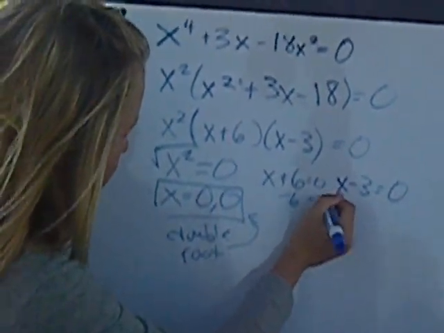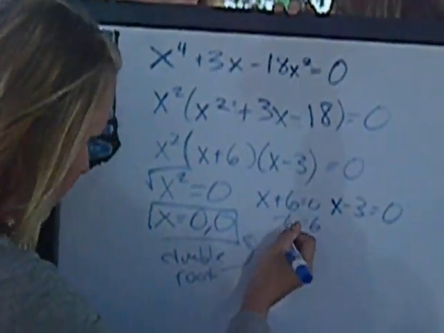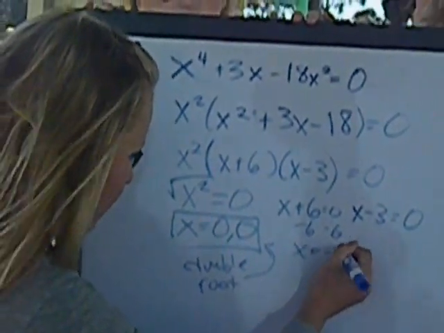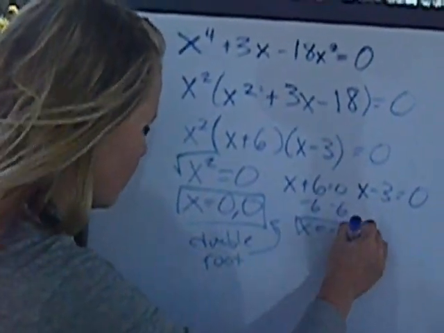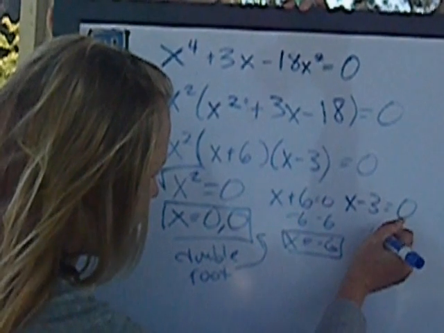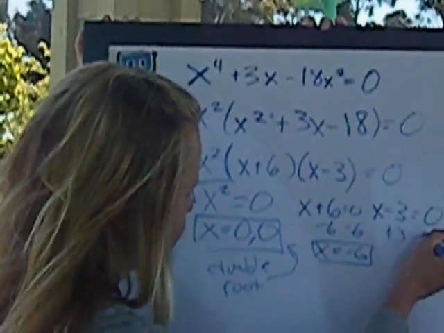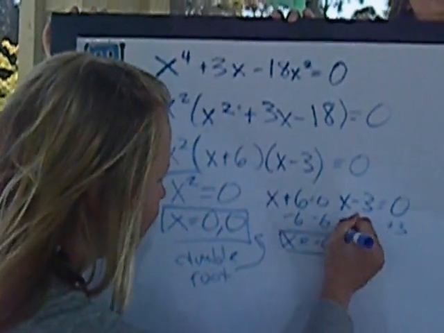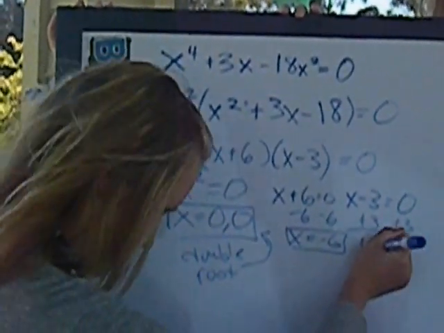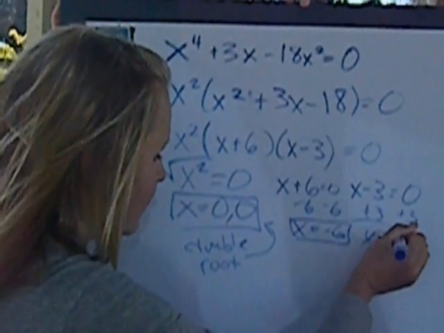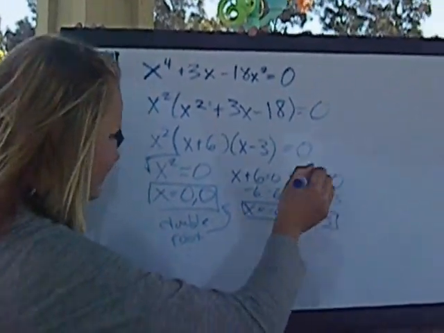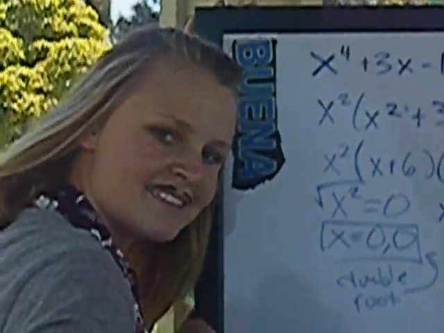Minus 6 on each side, you get x equals negative 6, and x minus 3, plus 3 on each side, and you get x equals 3. And that's how you do that.